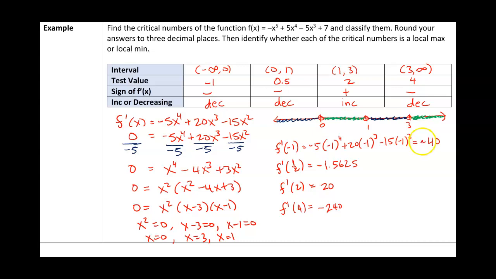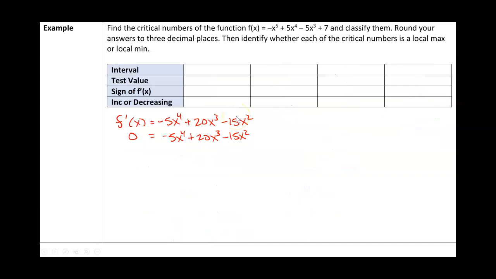So what we can see is in the first interval, where our test point was negative 1, we have a negative sign, so the function is decreasing. The second test point, the derivative had a negative sign, which means the function is decreasing. And where is that coming from? Remember this slide over here? Go back a little bit.